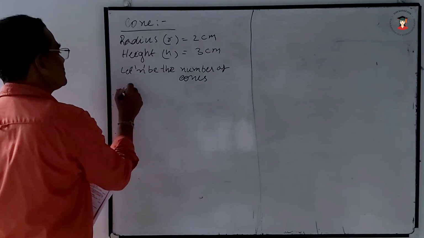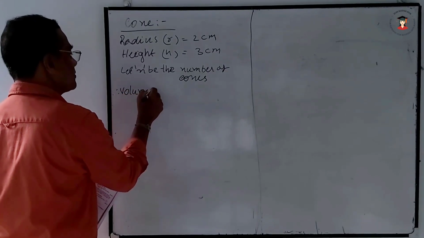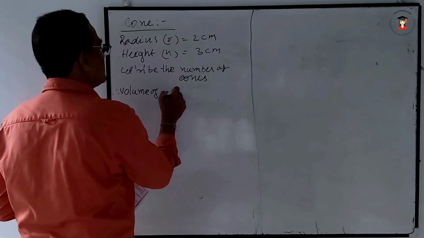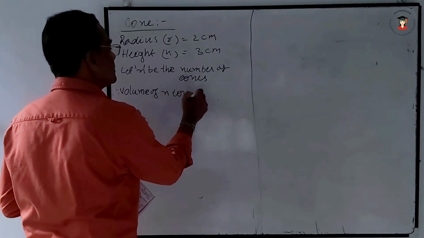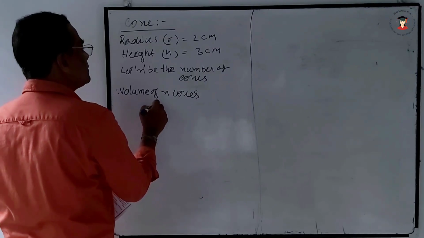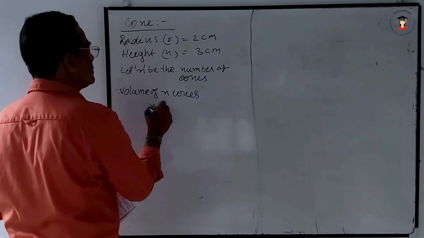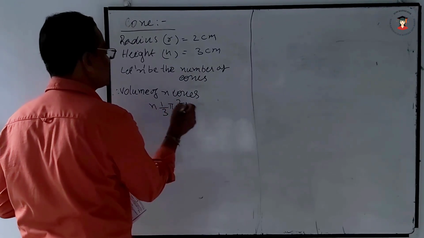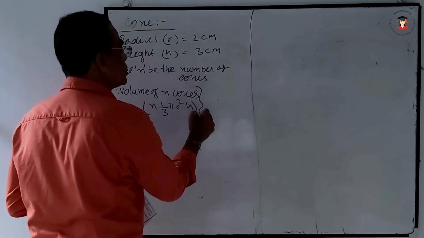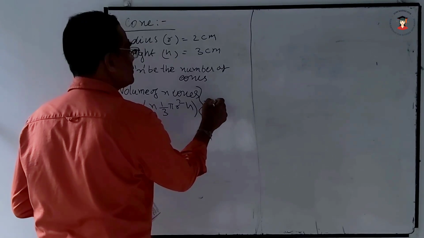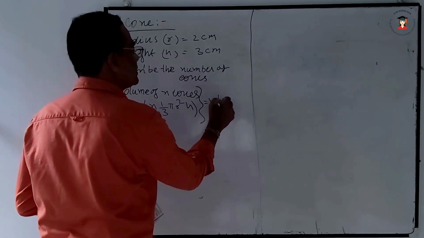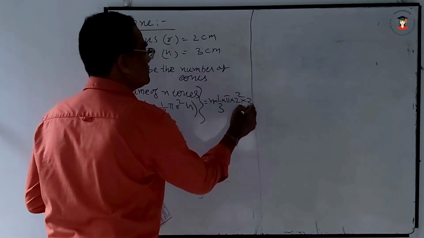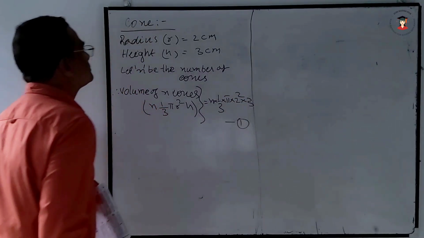Therefore, volume of n cones is equal to n into 1 by 3 pi r square h, and this is equal to n into 1 by 3 into pi into 2 square into 3. This is equation number 1.